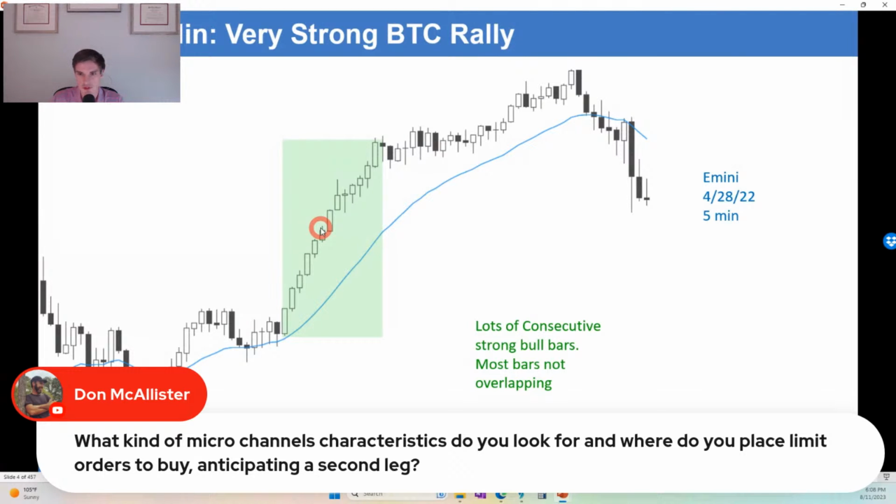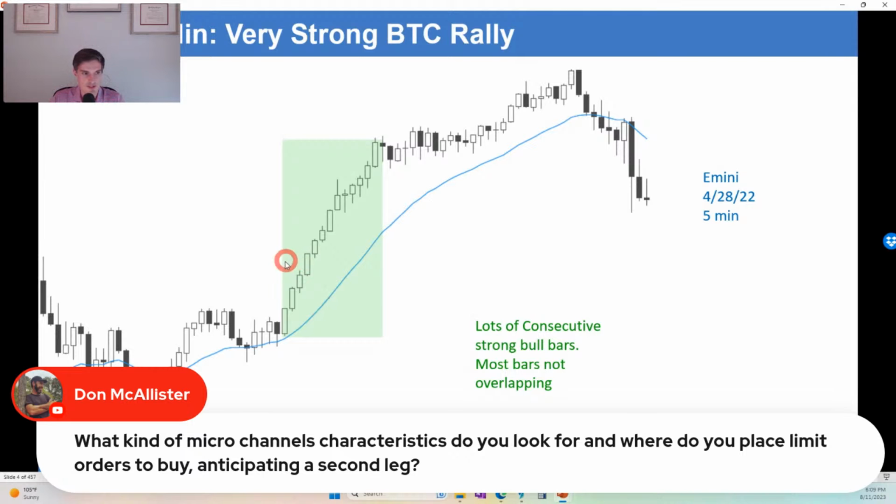Now, this is probably one of the strongest types of breakouts or microchannels you can get. And the way I view microchannels, I'm thinking about pullbacks. How deep are the pullbacks? If I want to get long and every pullback is maybe one or two ticks, and we keep going higher, obviously I've got to get long. So one of the things you can do is trade something really small. Trade the SPY, trade one micro, have a way to just be able to enter at the market.